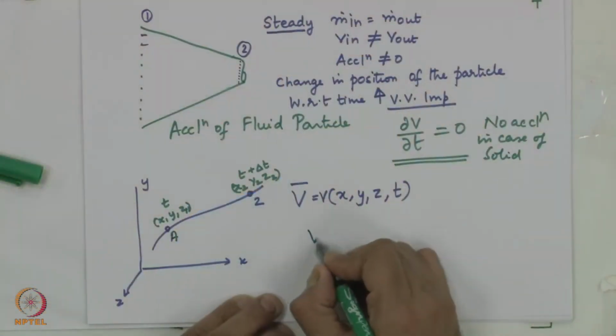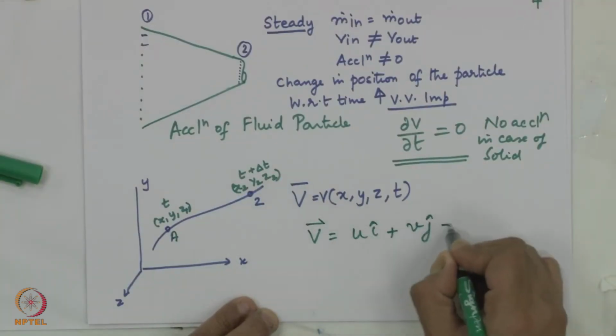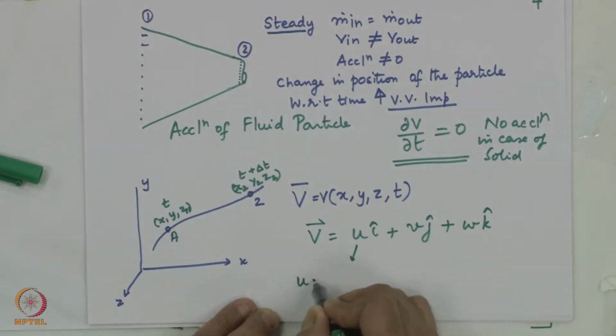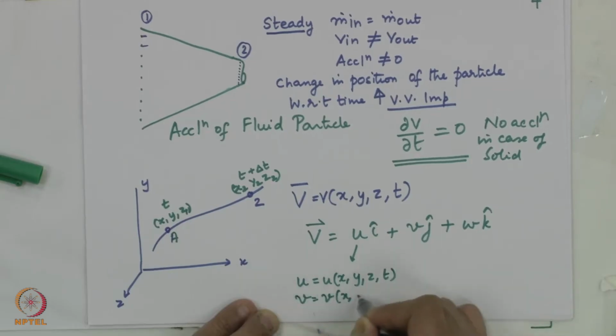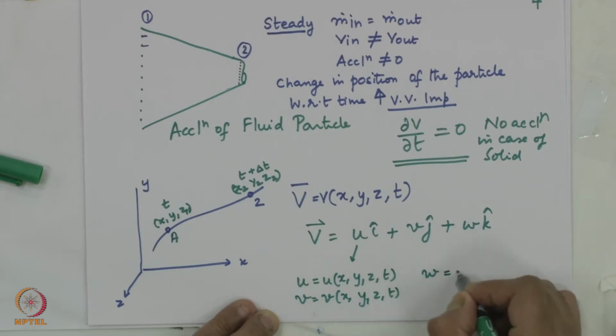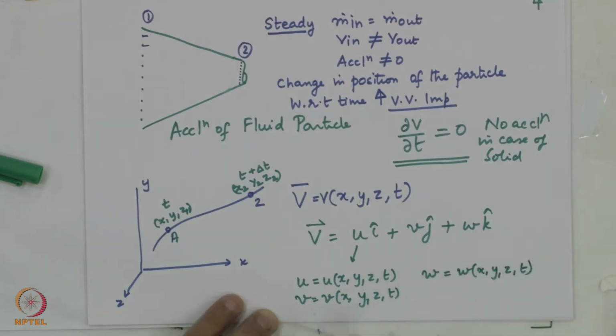If we are talking of point 1, or point A if I call it, V in general is ui plus vj plus wk. Each of these, u, v and w, is a function of x, y, z and t, isn't it? So, it is a 3-dimensional unsteady field.